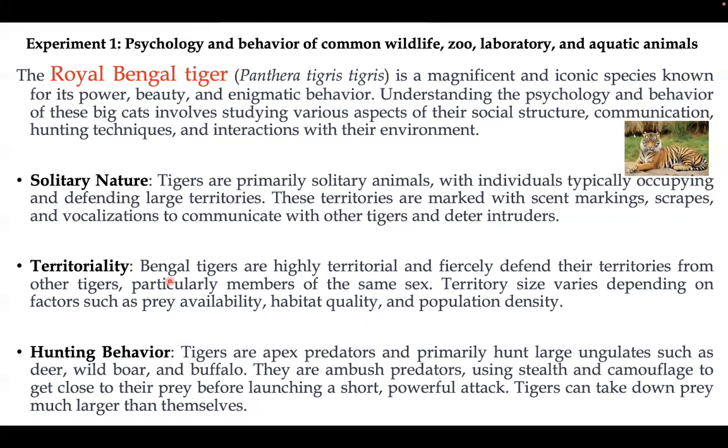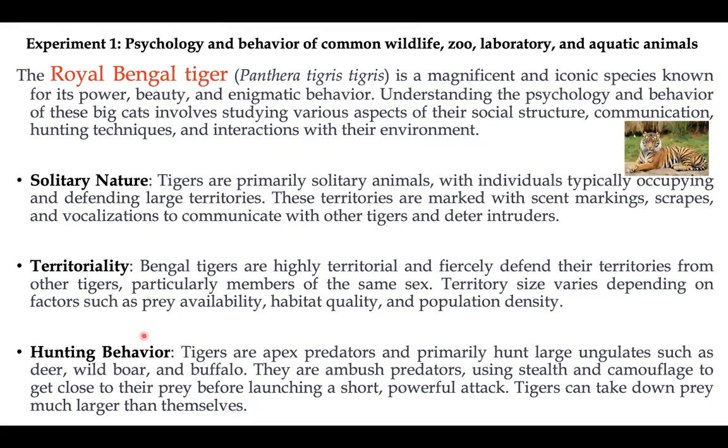Now, territory can be individual territory as well, like a dominant male of any pride will control a particular area of land, and all the females and all the prey inside that particular range would be under the control of that particular dominant male.